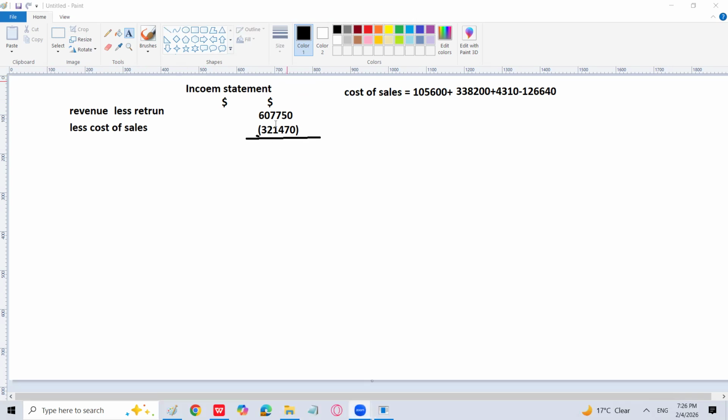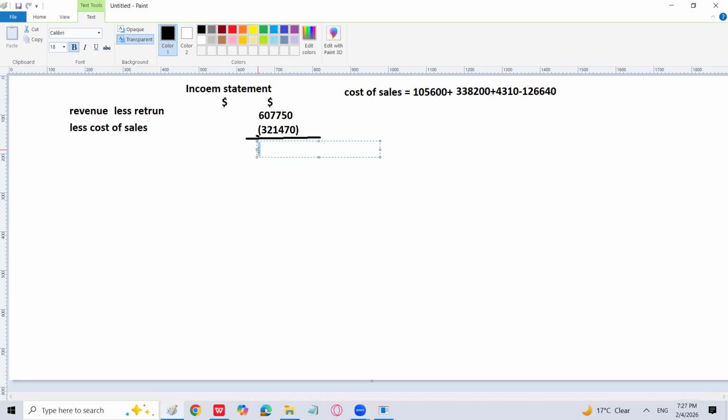So now, please, what is the gross profit? 286,280 is going to be my gross profit. So gross profit is going to be 286,280, right? Now, less operating expenses. And there are two operating expenses to be written here. One is going to be the distribution cost, and the other is going to be the admin cost.